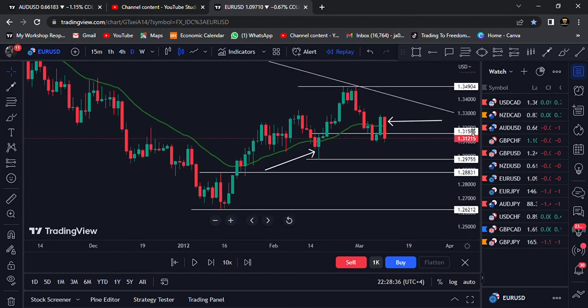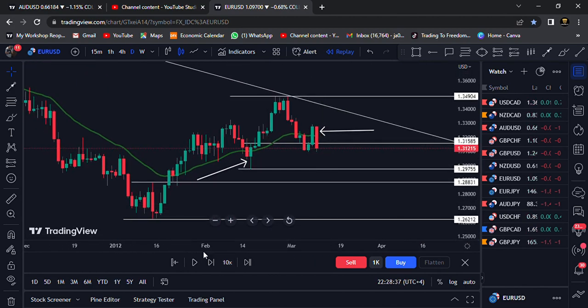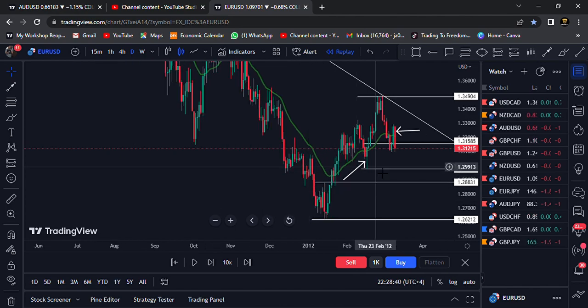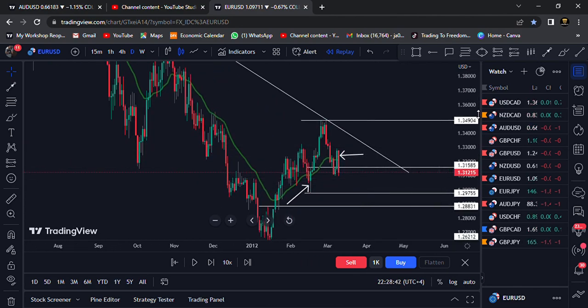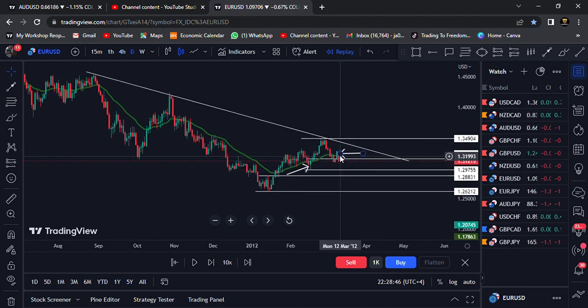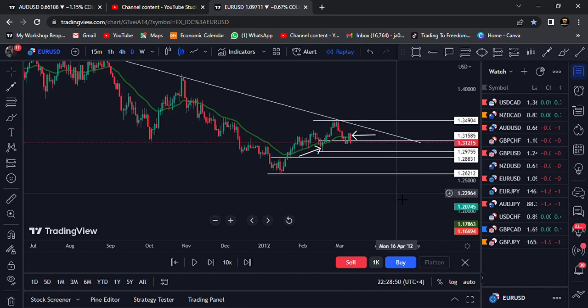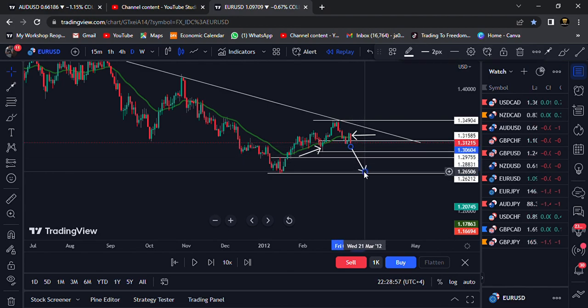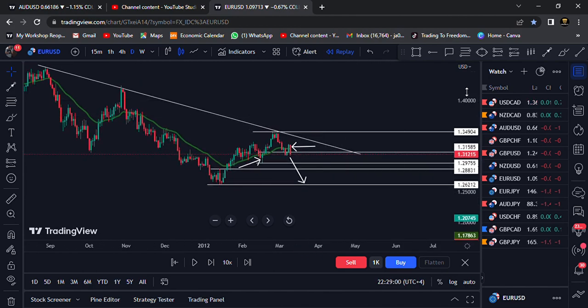So we now go back to the market structure and try to understand what the market is trying to tell us by giving us this sell signal. We see the market has the probability to come here and form a double bottom before kicking right up.